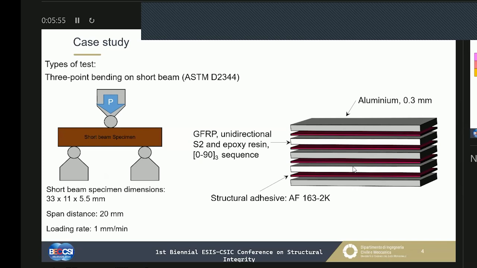Then there is the presentation of the lamination sequence. In this case, the glare laminate presented three aluminum sheets, one in the center, the other two, one in the top and one in the bottom, and two layers of composite material.